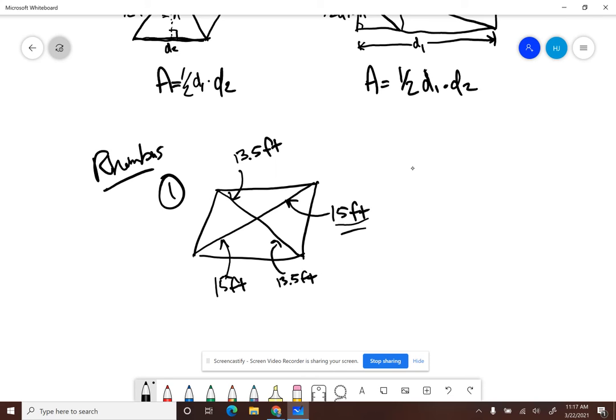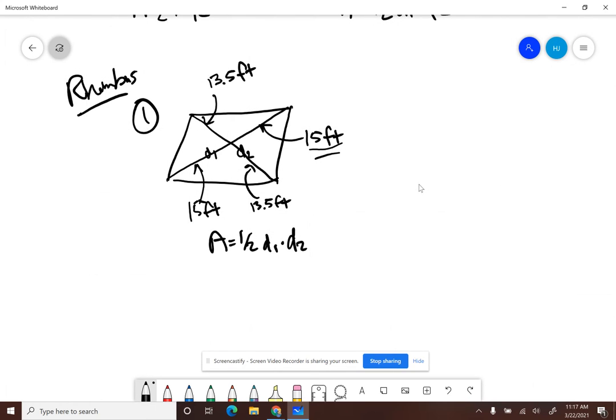So let's think about how we get these diagonals. So let's call this one diagonal 1. We'll call this one diagonal 2. Well, in order to get the entire diagonal, I have to actually add those together. Okay. So again, area equals 1/2 of D1 times D2. So area equals 1/2.